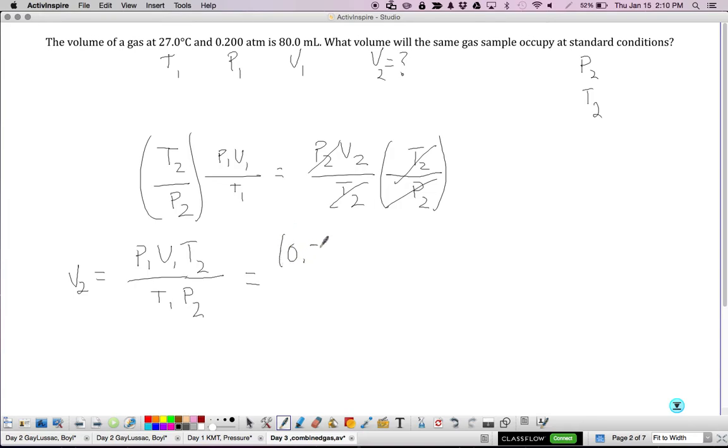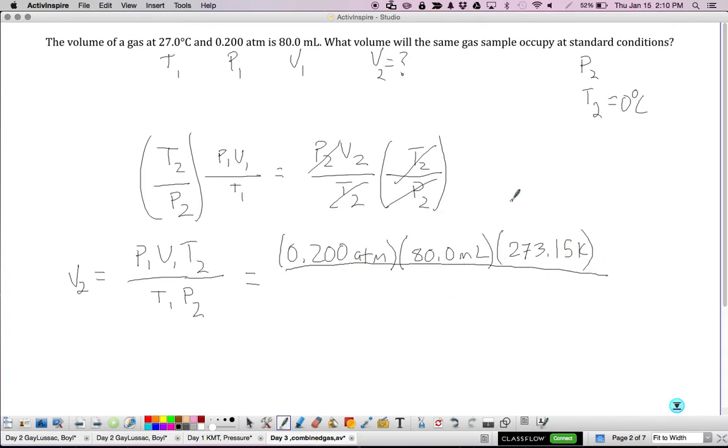And then I can just start plugging numbers in. P1 is 0.200 ATM. V1 is 80 milliliters. T2 is standard temperature, which is 0 degrees Celsius, or 273.15 Kelvin. T1 is 27 degrees Celsius, which is 300.15 Kelvin.